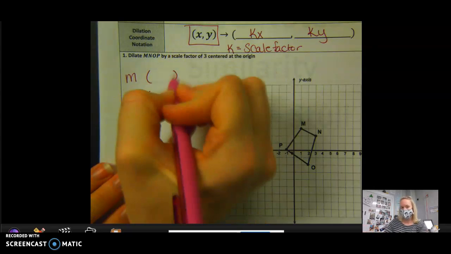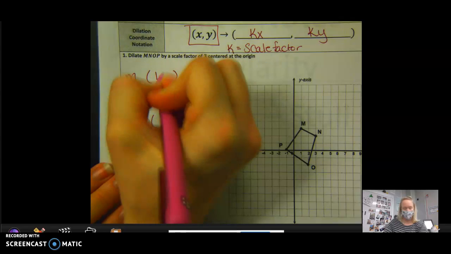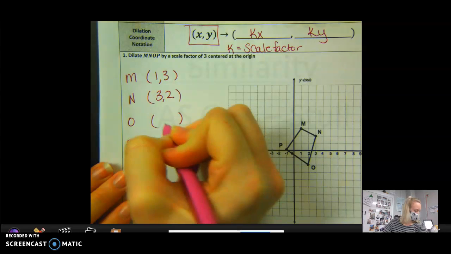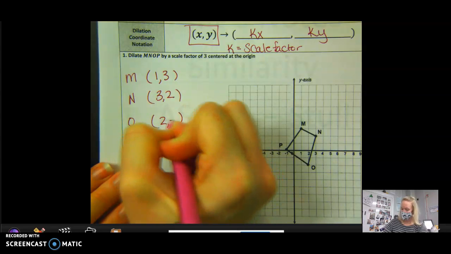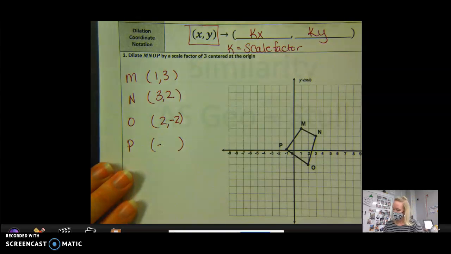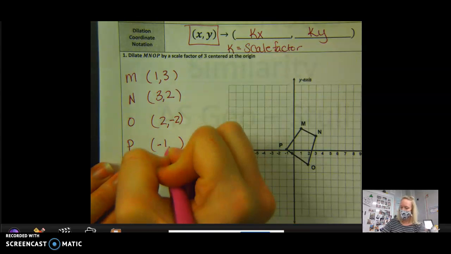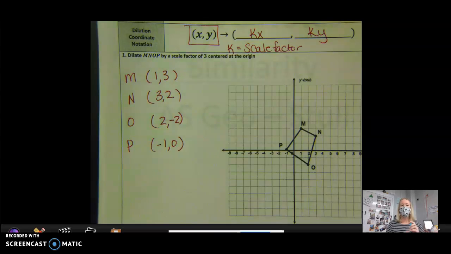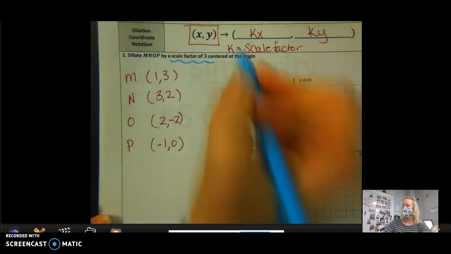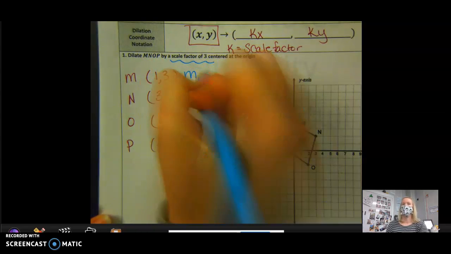What's M at? 1, 3. What's N at? O and P. I think it's negative 1, 0. Okay. What does it say in the directions our K is? Yep, 3.